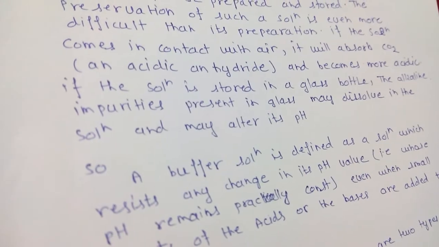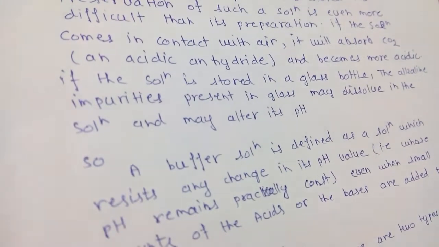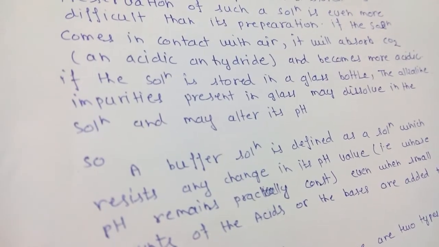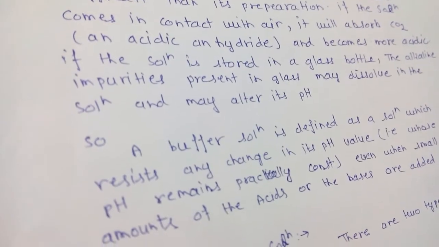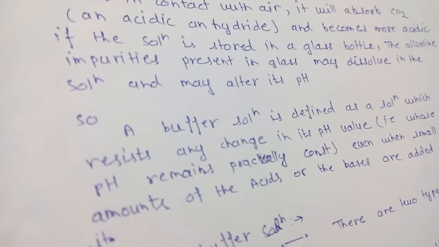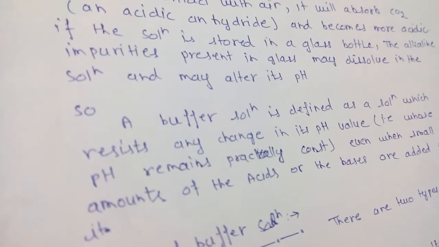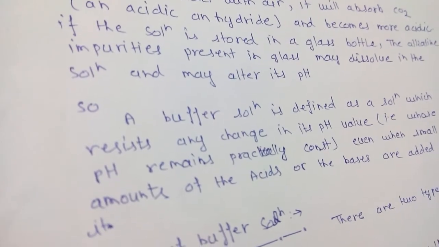If the solution is stored in a glass bottle, the alkaline impurities present in glass may dissolve in the solution and may alter its pH, means it can change its pH.